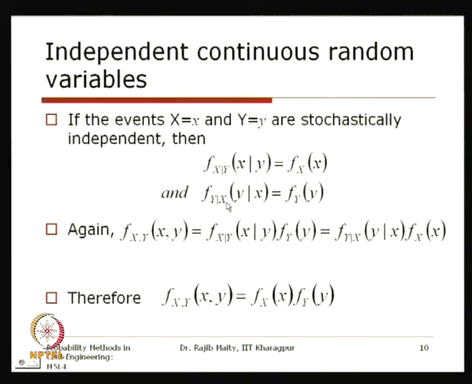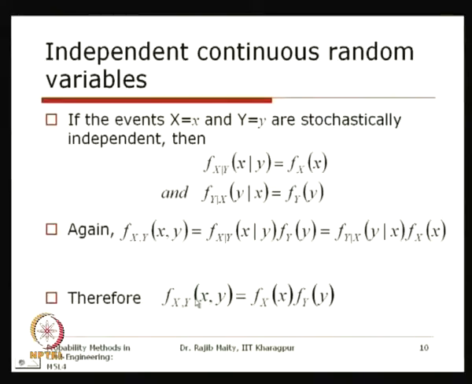Following the similar concept, we know the joint distribution equals the conditional distribution multiplied by its marginal: conditional on y, the marginal is y, and conditional on x, it is multiplied by the marginal of x.